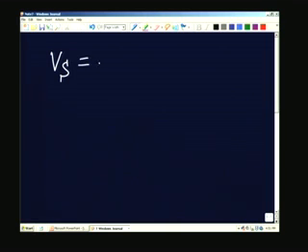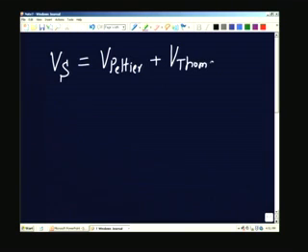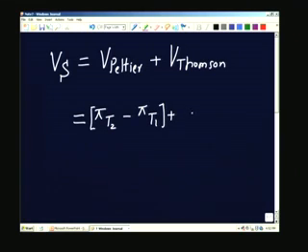Those two effects are now manifesting as an appearance of a voltage across the cut, and therefore, I can just write using the conservation of energy principle that the voltage which is appearing when I make a cut is the Seebeck voltage. This must be the sum of the Peltier voltage and the Thomson EMF or the Thomson voltage. And we already have expressions earlier. So, this will be pi AB. That AB subscript I will not use now because we know what we are talking about. So, I will say Vs equals pi at T2 minus pi at T1, this is the Peltier, plus integral T1 to T2 of sigma A minus sigma B dt.